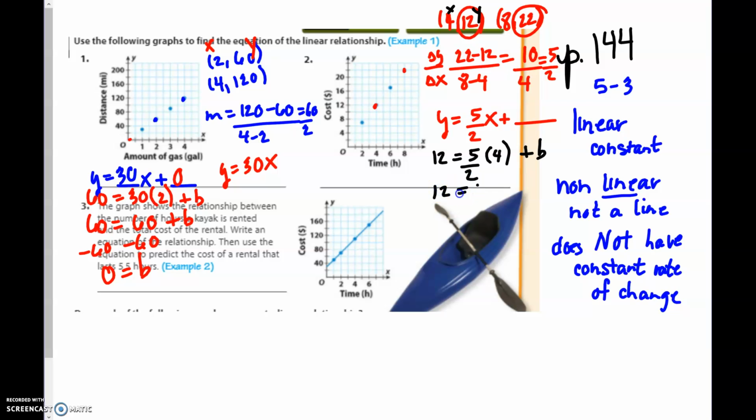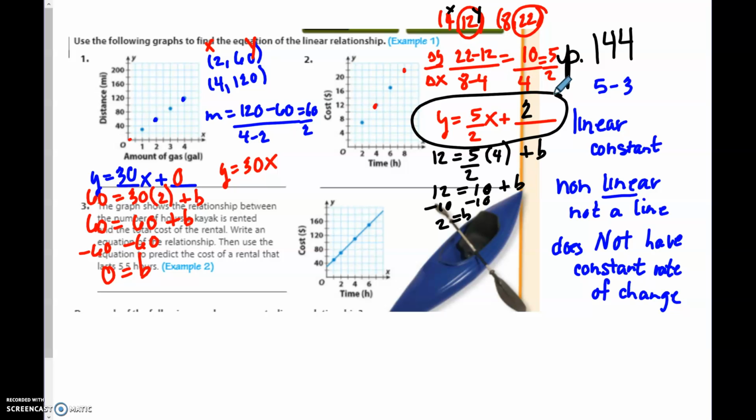So we have 12 equals 10 plus b. That's a positive 10, so I'm going to subtract 10 from both sides, and I get 2 equals b. My y-intercept is going to be 2. So my final equation for number 2 is y equals 5 over 2x plus 2.